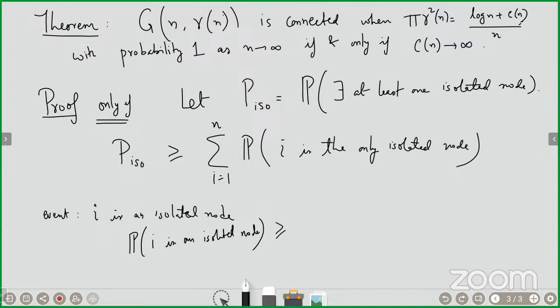Then only I isolated plus I and some other.